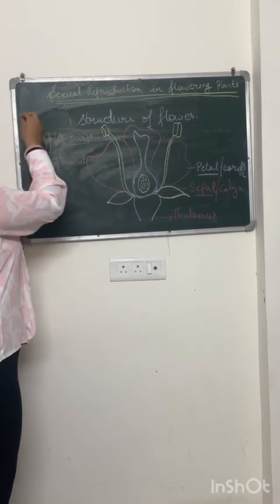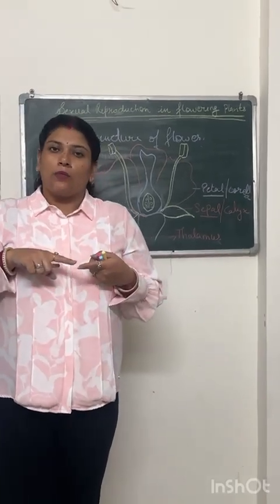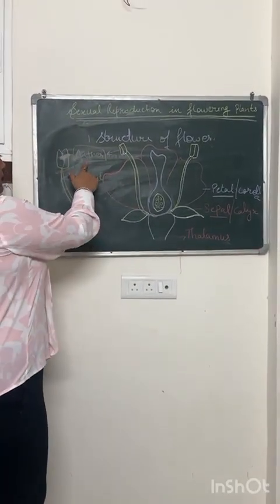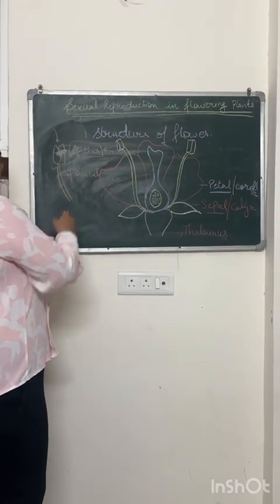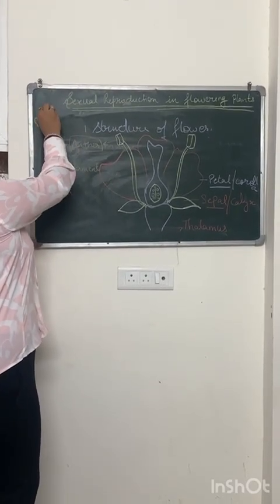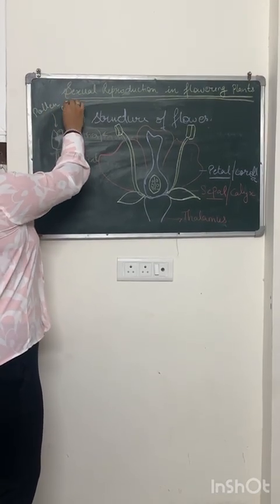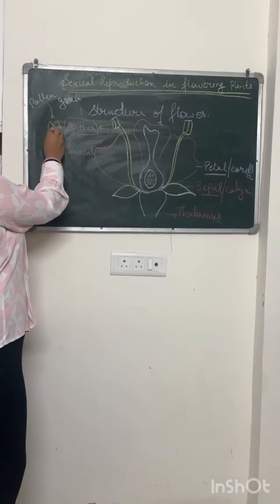Anther, generally in flowers, can be monothecous and it can be bithecous also, right? The anther has various pollen grains. Where do our pollen grains form? They are forming inside the anthers like this.